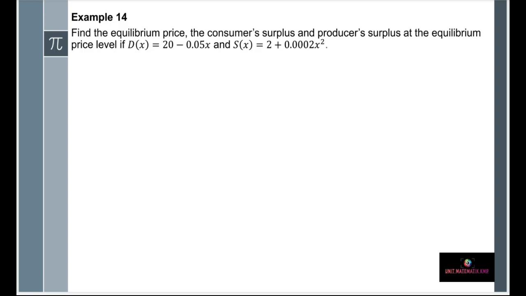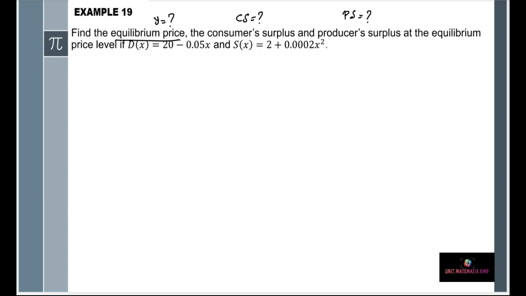Find the equilibrium price. So this one we need to find what is Y, the consumer surplus, CS, and the producer surplus, PS, at the equilibrium price level, if Dx equals 20 minus 0.05x and Sx equals 2 plus 0.0002x squared.